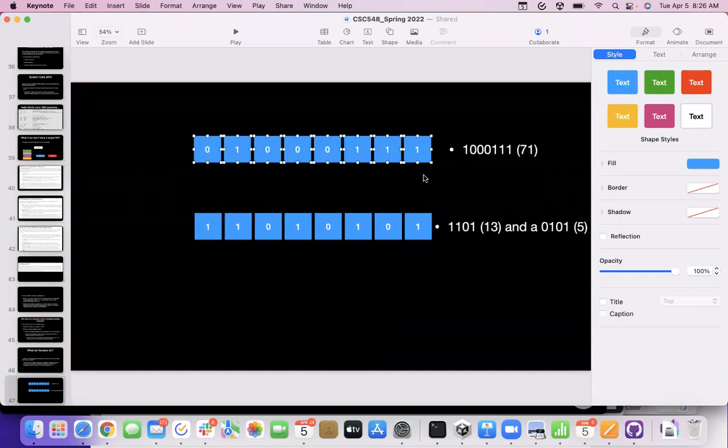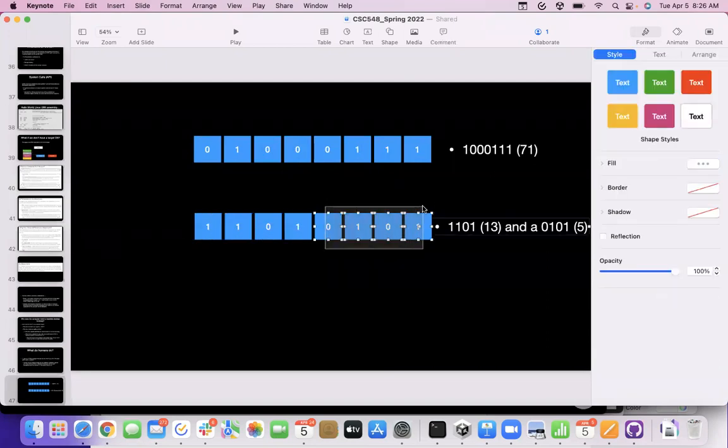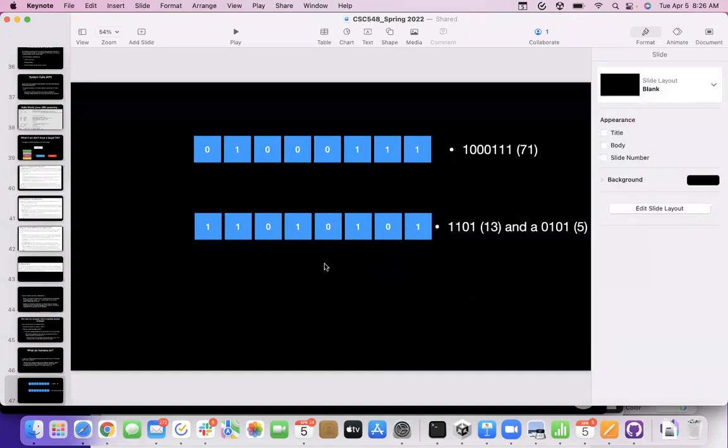Okay, so I can store that value into memory if I want to do something like that, and I've done it. But in this example, if I want to get at just this value, or just this value, I'm going to have to do some interesting stuff in order to accomplish that.